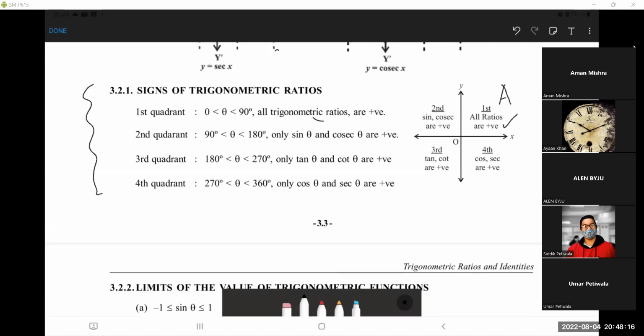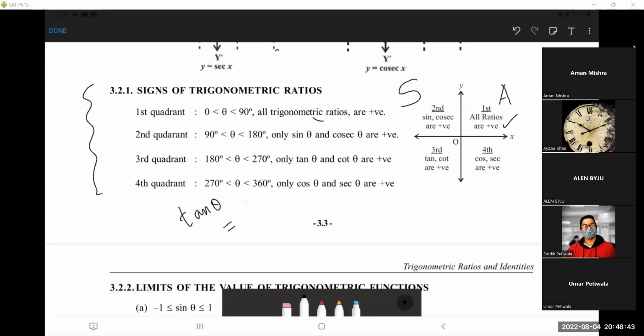But when you look at the second quadrant, cos is negative, sin is positive. So sin is positive means cosec is also positive, because cosec is the reciprocal of sin. So sin and cosec are positive. All others are negative. Suppose I want to check the sign of tan theta in the second quadrant.